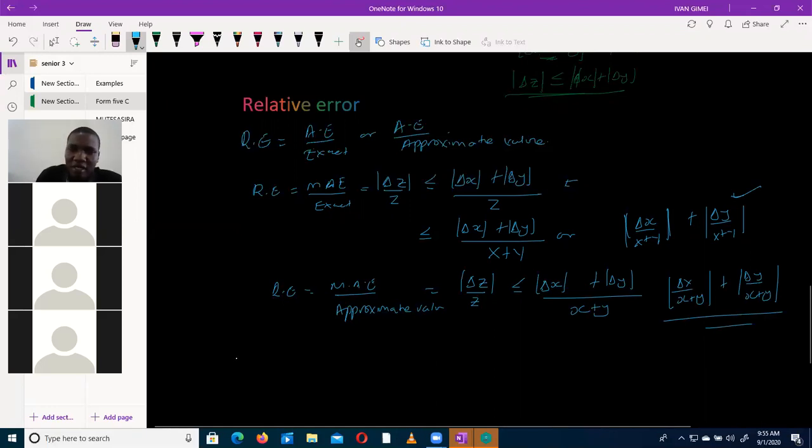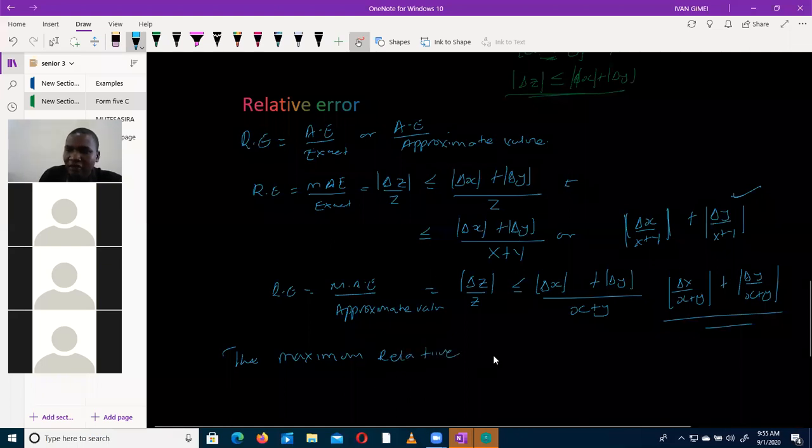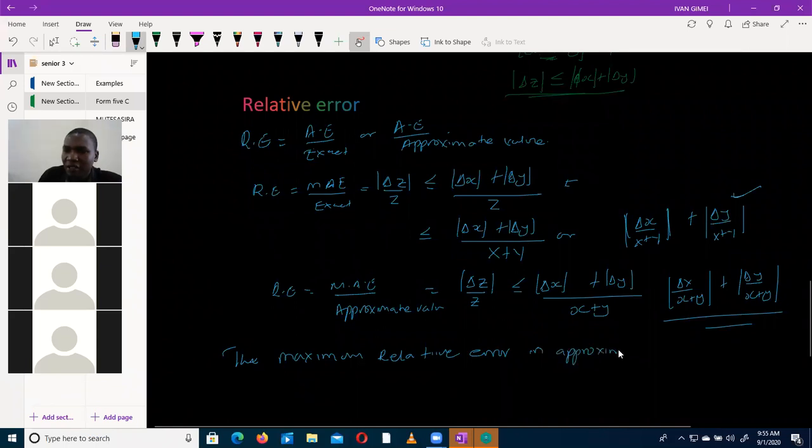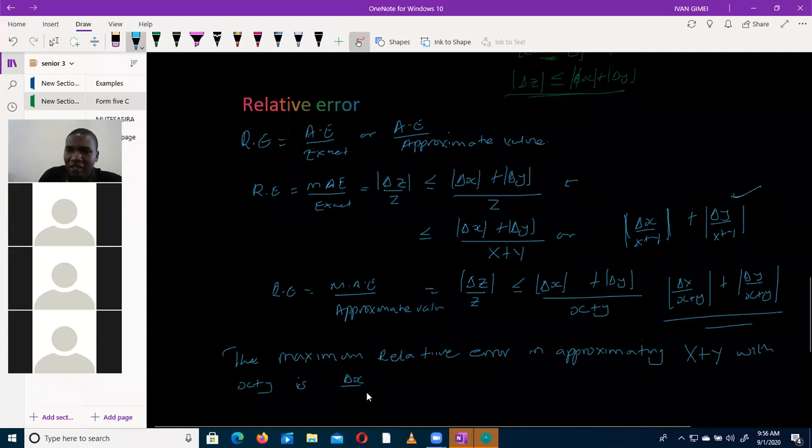So therefore, you can also conclude and say the maximum relative error in approximating capital X plus capital Y with small x plus small y is, you can write either the first one, error in x out of x plus y modulus plus error in y out of x plus y modulus, or you can write the other one, depending on what the question will present.